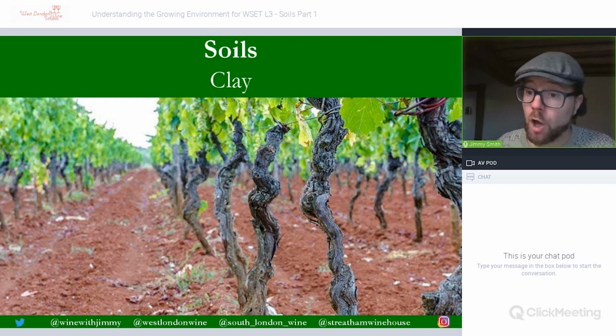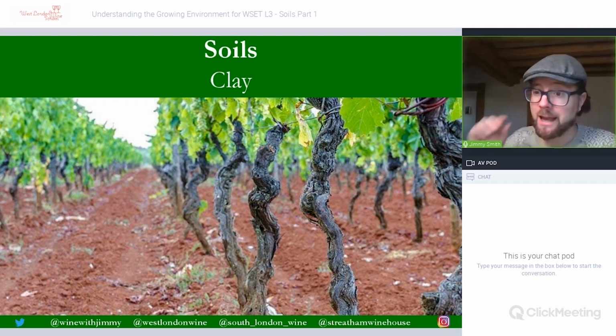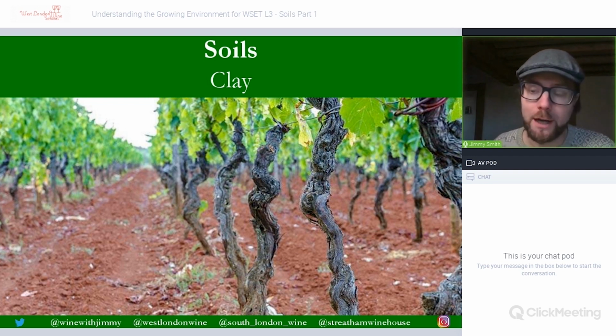A topsoil of clay expands and contracts with water, but deep clay subsoil retains water and minerals quite well. And it can be an absolute savior to grapevines in areas which are quite dry. However, it can also waterlog clay soils. So often you have to match the correct rootstocks with the vines in a waterlogged clay area.